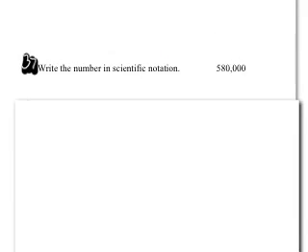When we have a number in standard notation, like 580,000, we just go the other direction with it. So we take 580,000, and we have to bring it down to a number that's between 1 and like 9.9999999.